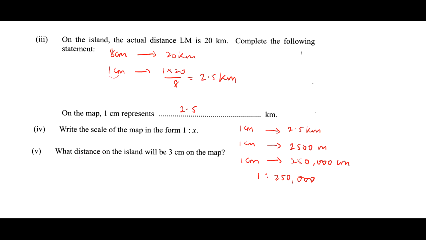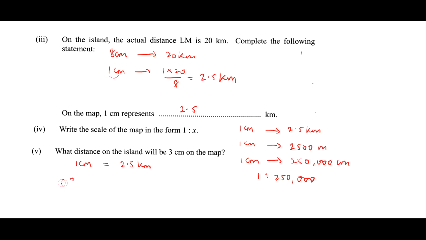Okay? Now part 5, the distance on the island. What distance on the island will be 3 cm on the map? So we know that 1 cm is equal to 2.5 kilometers.